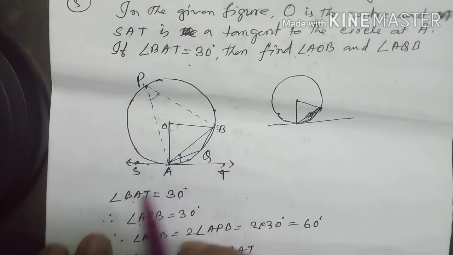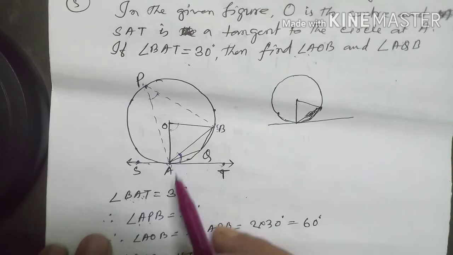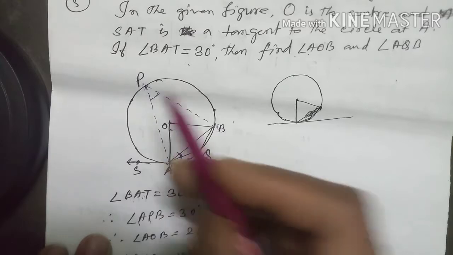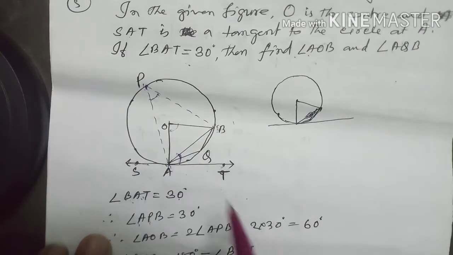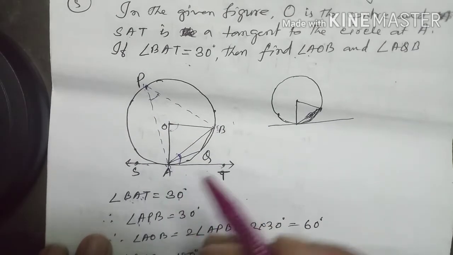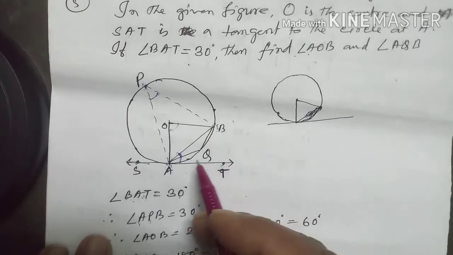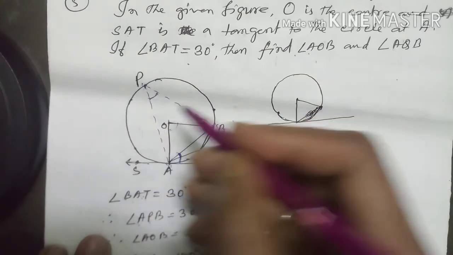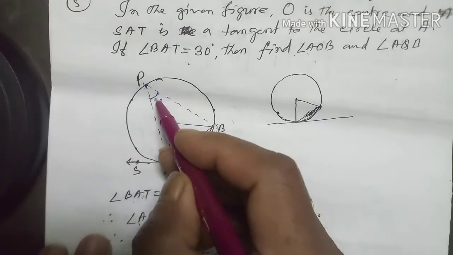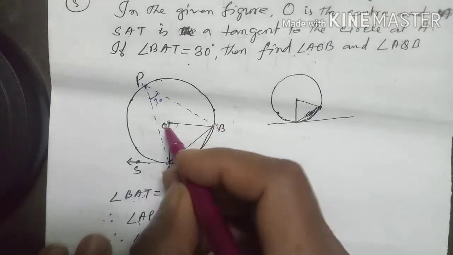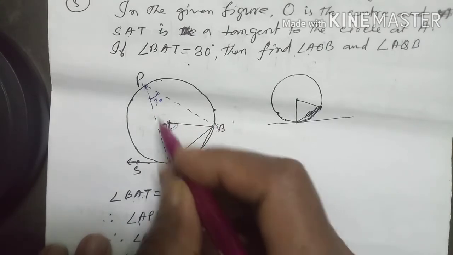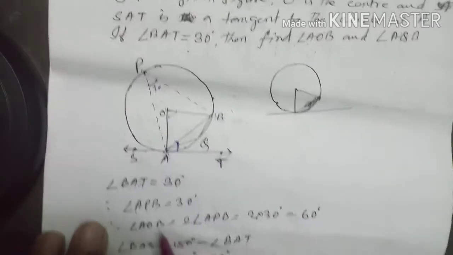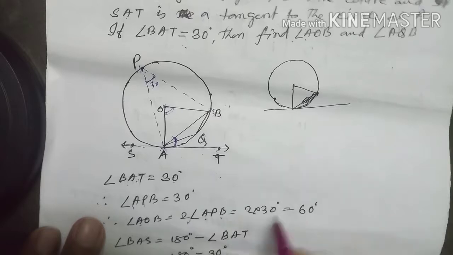BAT equal to 30, then APB also 30. Both angles are equal because of angles in the alternate segment. So we know the angles in the alternate segment are always equal. So this also 30. When it is 30, then AOB is double of APB, that means 60. AOB equal to 2 into APB equal to 60.